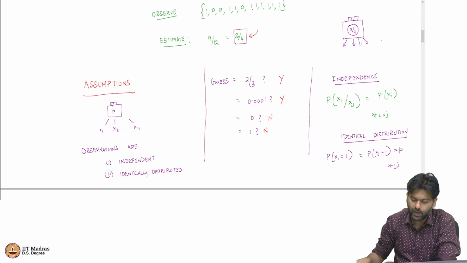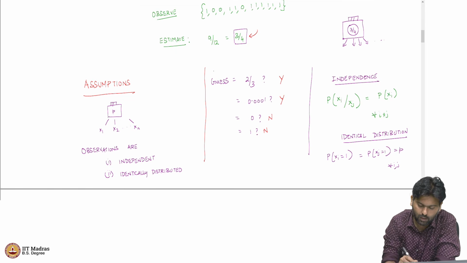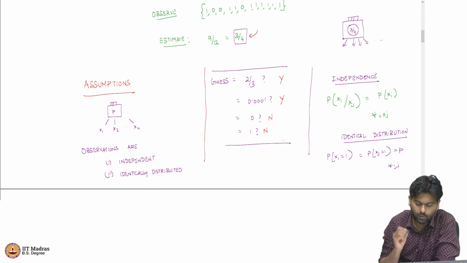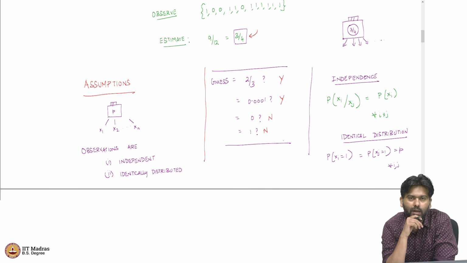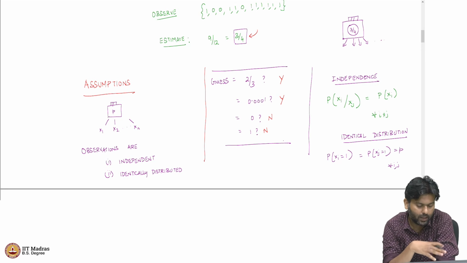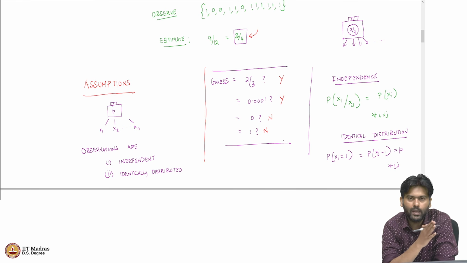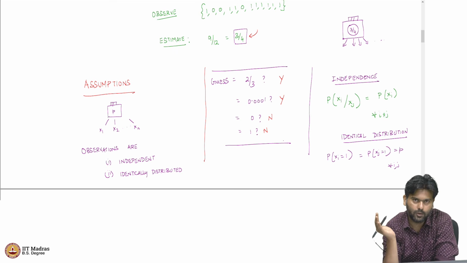Now, let us come back to our question. There are all these guesses which are possible, but we still made a guess of 3/4. Now, we are assuming that the data satisfies these two assumptions, that they are independent and identically distributed. Under this assumption, is there a way to say one guess is better than another guess?